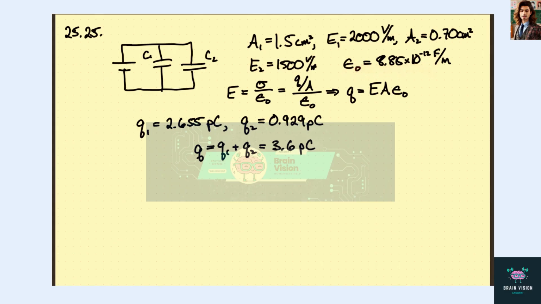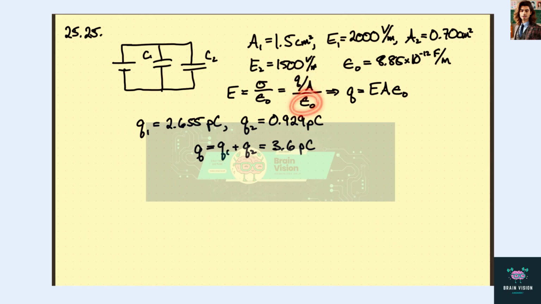constant here. And so we know the electric field in a capacitor is just the charge density, the areal charge density, divided by the permittivity. The areal charge density, assuming that we have a uniform charge distribution, is just the total charge divided by the area.